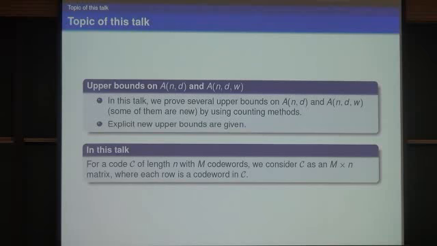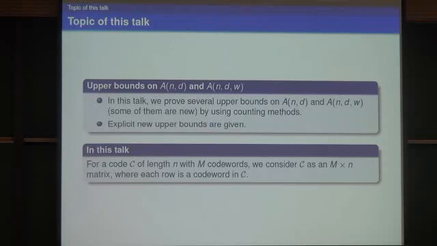So in this talk, we consider C as a matrix. We write C as a matrix where each row is a code word. So if the code has m code words, we have a matrix with m rows, and the number of columns is n.